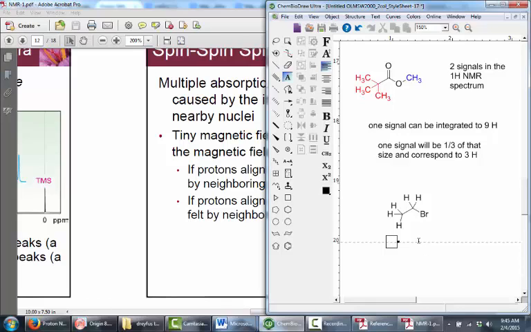So if I look at each of these H's, I see parallel, parallel, parallel. That's one possible configuration for these protons. Parallel, parallel, anti-parallel. That's a second configuration. I can also see parallel, anti, anti. And I can see anti, anti, anti. So if I have 3 protons, I have 4 possible configurations.